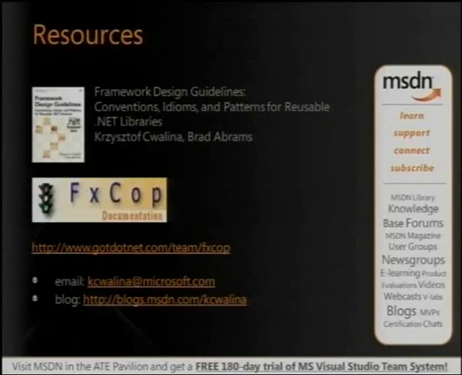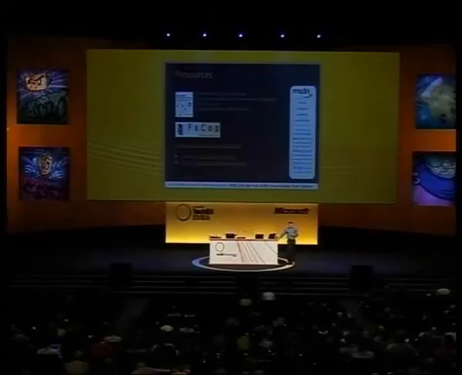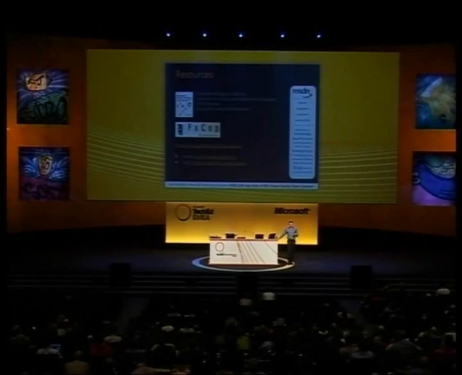So Framework Design Guidelines, that's a book that I wrote with Brad Abrams. It talks about just the design phase, meaning designing the types and members. I really strongly recommend it for all those who both design frameworks and actually use the .NET framework. When I started to write this book, when you start up a contract with a publisher, you say, who is this book for?